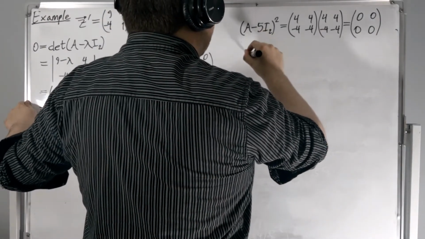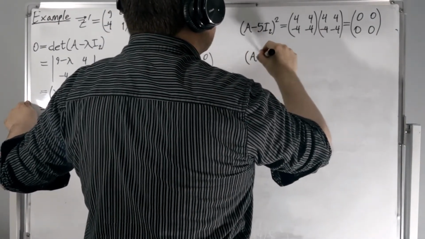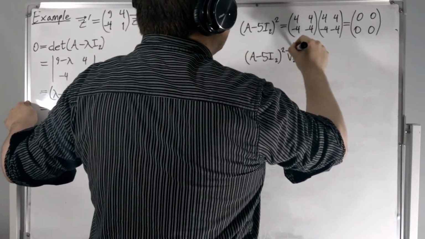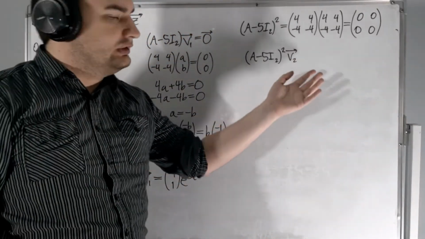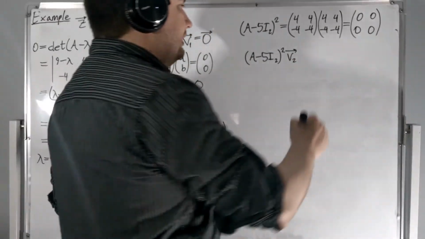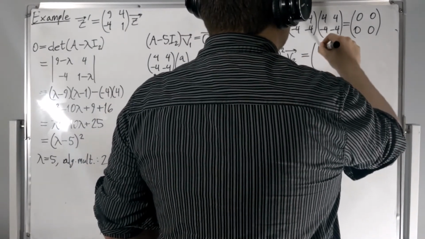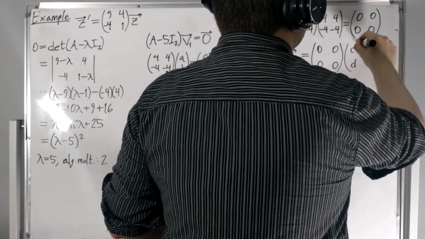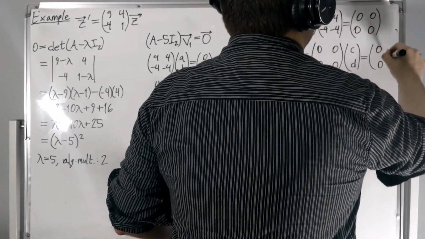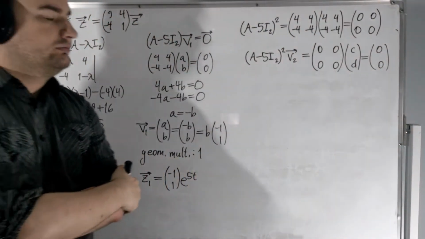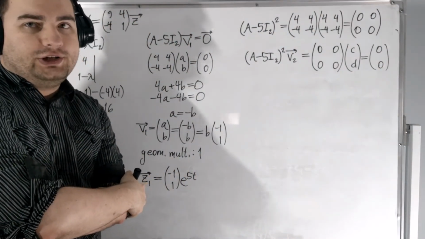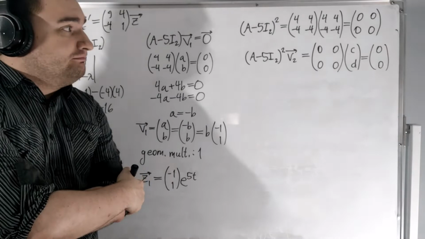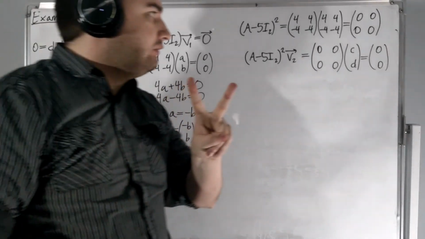So generalized eigenvectors of rank 2, those would be solutions to that matrix times a vector equals the 0 vector, which in this case looks like 0, 0, 0, 0 times, let's call it c, d, equals 0, 0. So what vectors would satisfy that equation? Literally any of them, right? There's only two requirements.